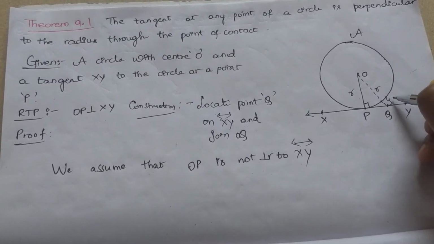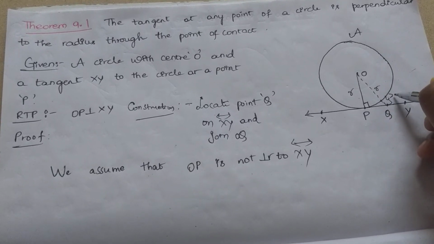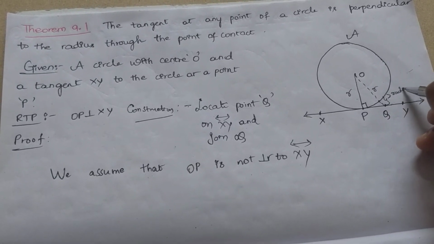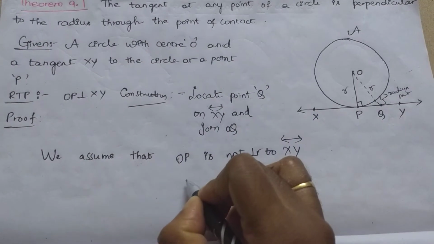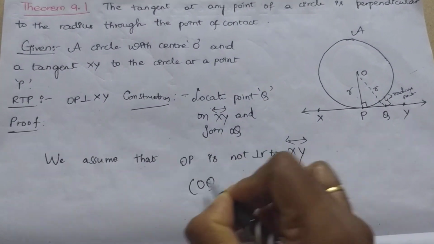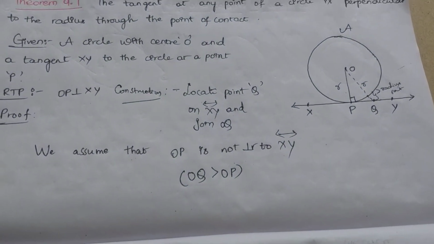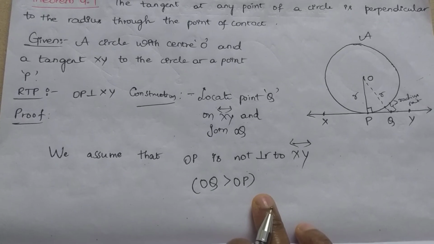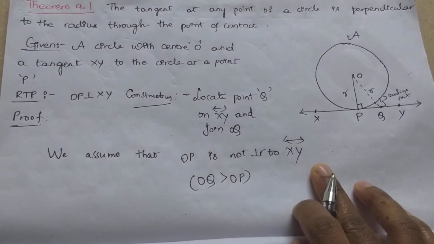But this extra part is there, no? It exceeds the radius. So what can we write from this? We can write that OQ is greater than OP. Correct? OQ is greater than OP. That means OQ is longer than the radius OP of the circle.